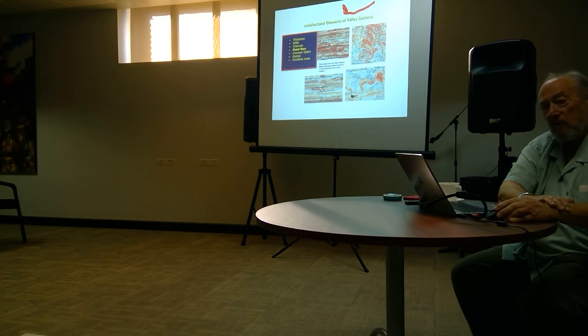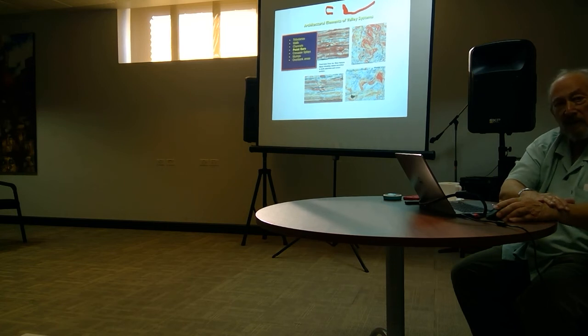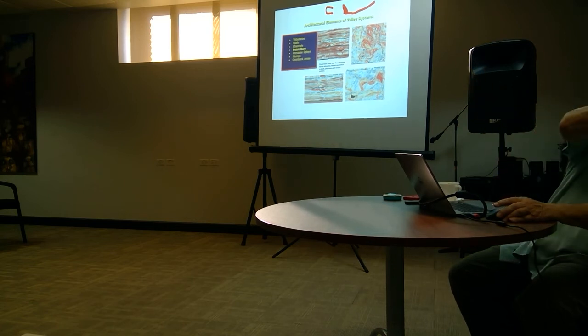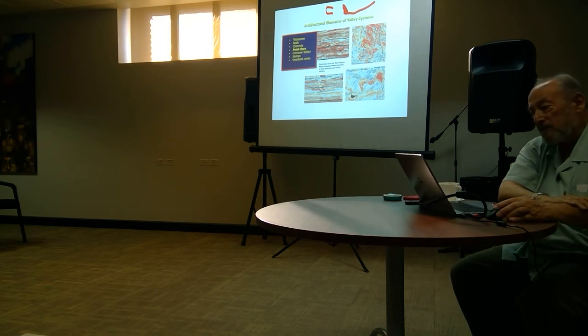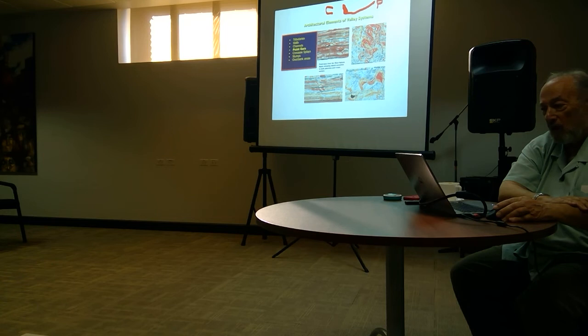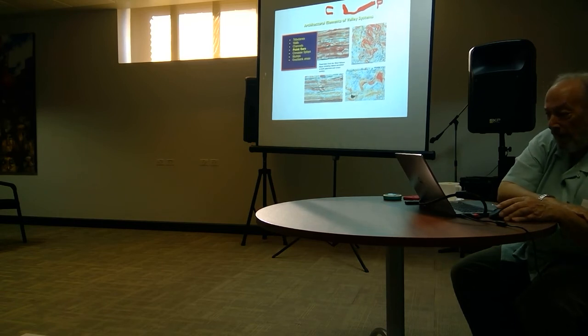This will be the cut bank side. It's cutting, so it's always a steep side. This is going to be the point bar side, which is always depositing. So it's going to be a lower gradient. And you get your lateral accretion packages over here.